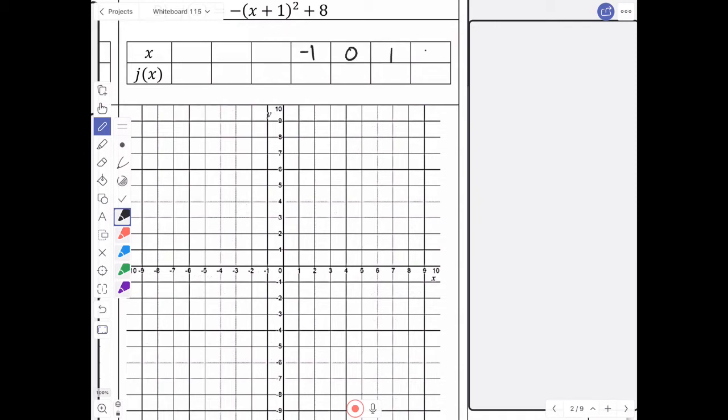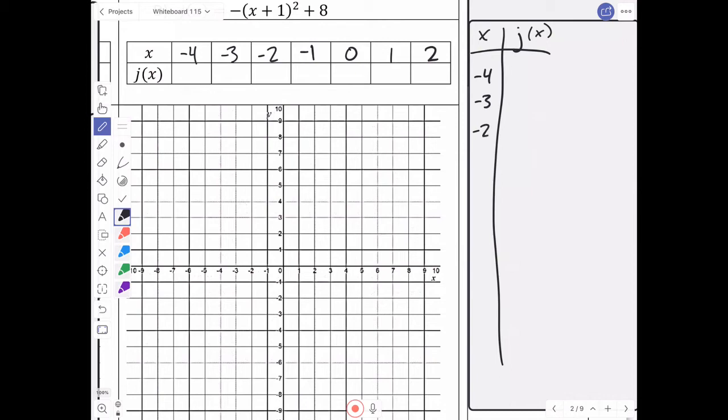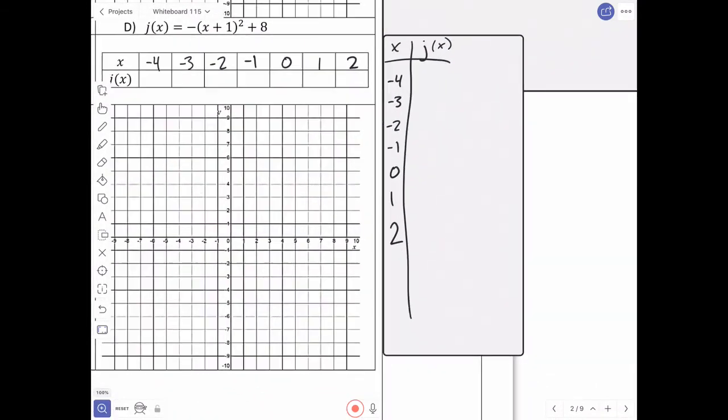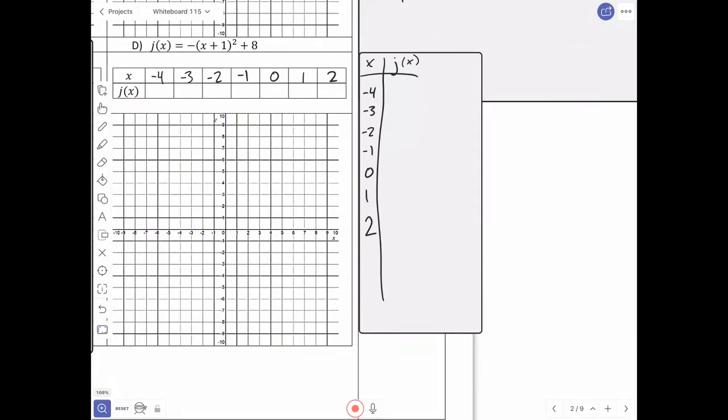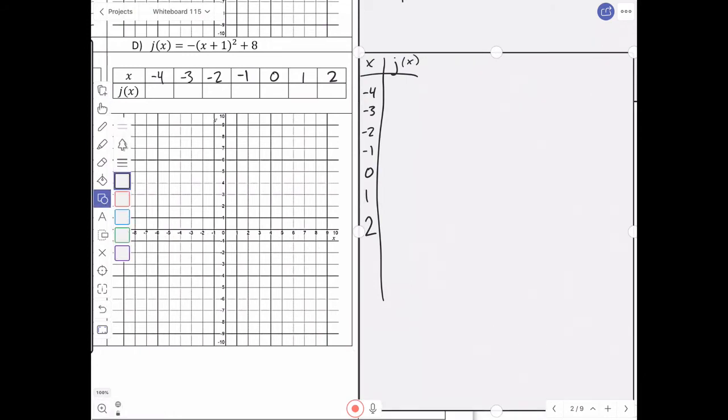So 0, 1, 2, and -4. And this is j of x, and -4, -3, -2, -1, 0, 1, 2. And I'll probably need a little more room here. So that should do it.